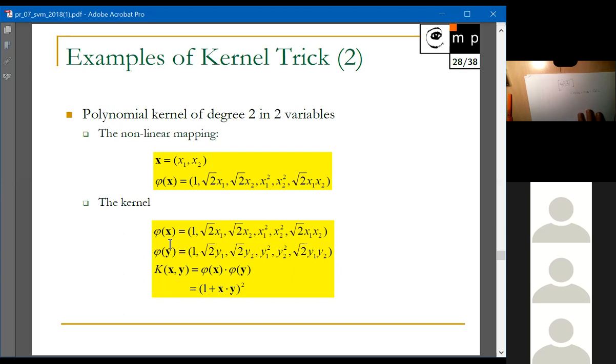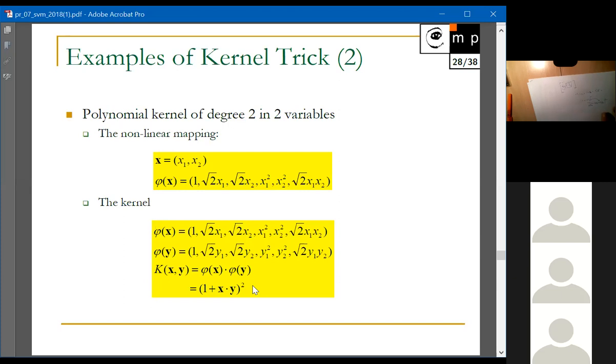You can check yourself very easily that you do not have to calculate this dot product in the 6-dimensional space, but it's exactly the same number as 1 plus x1, y1 plus x2, y2, squared.